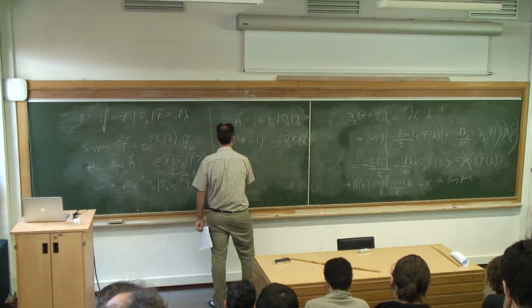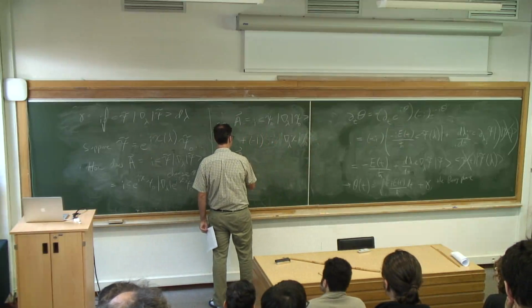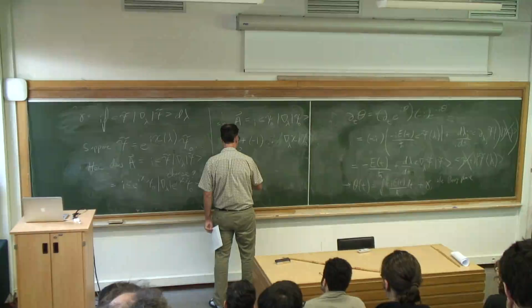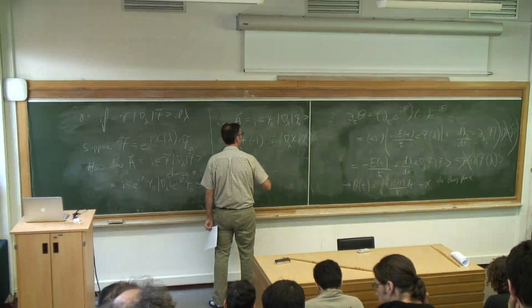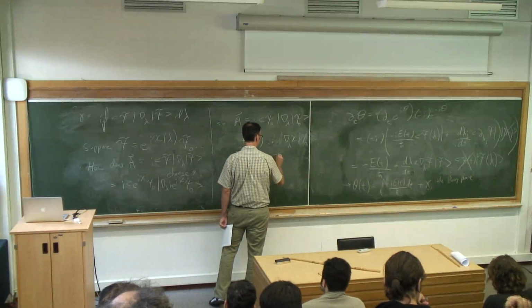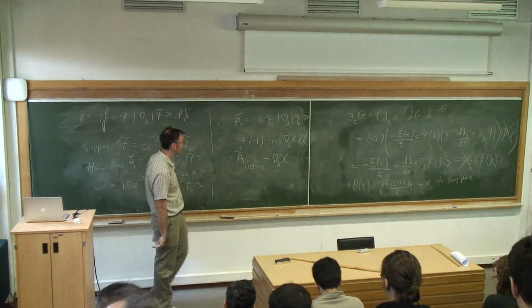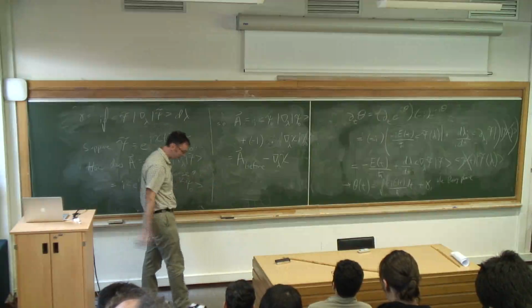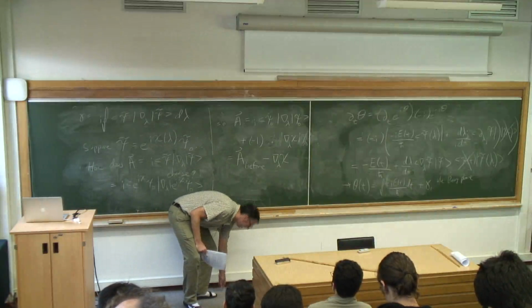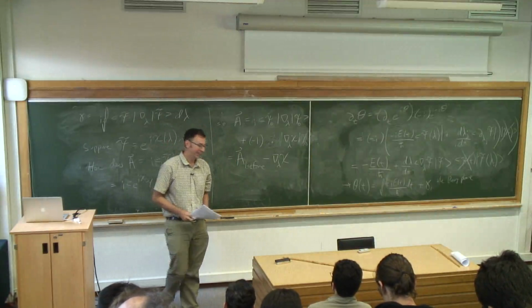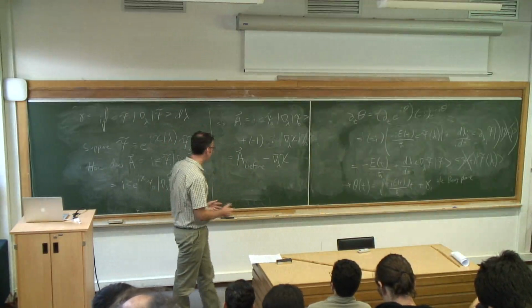Or in other words, I've got A I had before minus the gradient of the phase, and this should look familiar. This is exactly the same U1 gauge transformation you've seen before in electrodynamics. So that's saying that in this case there was a U1.